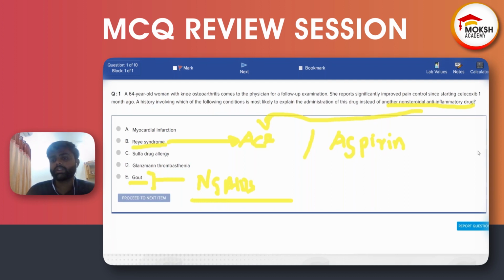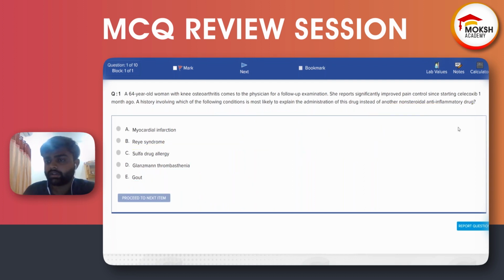So one of the pathophysiologies behind it is, in this condition, Glanzmann thrombasthenia, patients have decreased GP2B-3A surface protein.